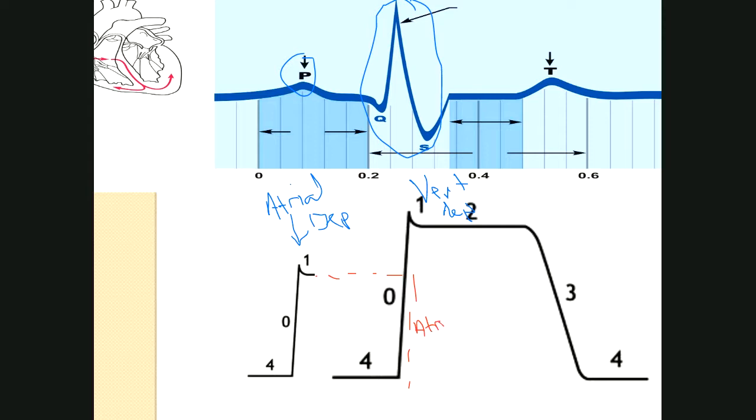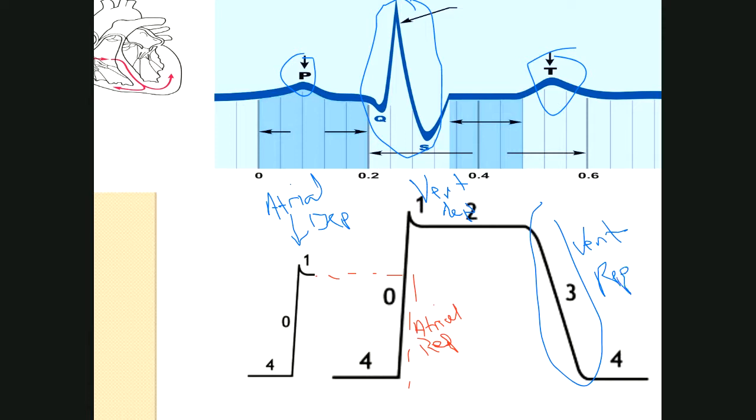But you can't see that. It's hidden. And then the T wave is ventricular repolarization. Does that make sense to everyone?